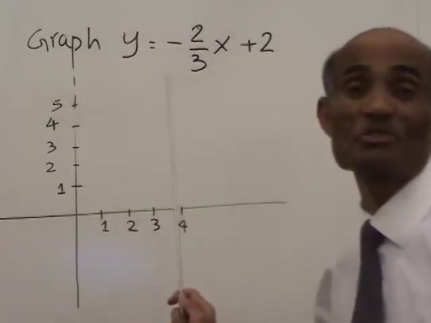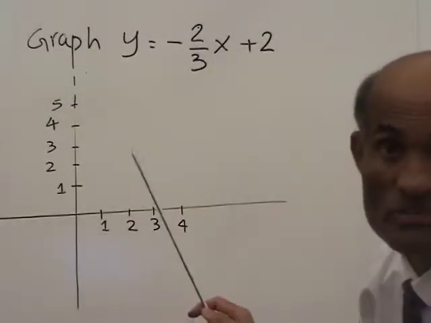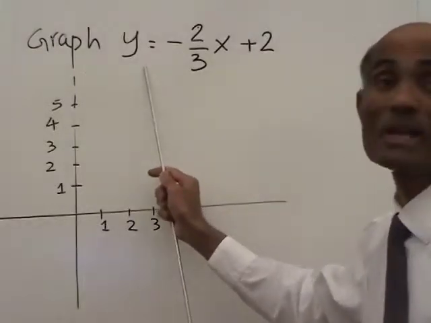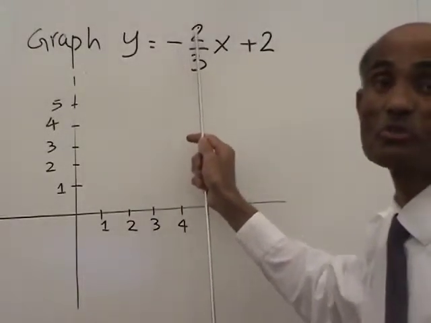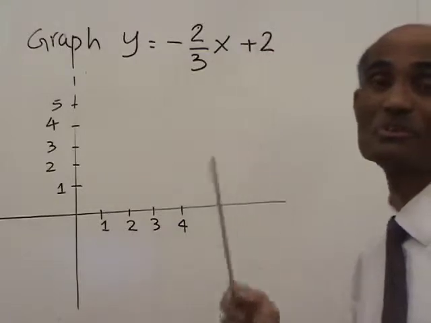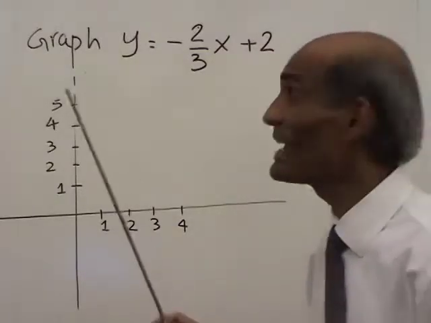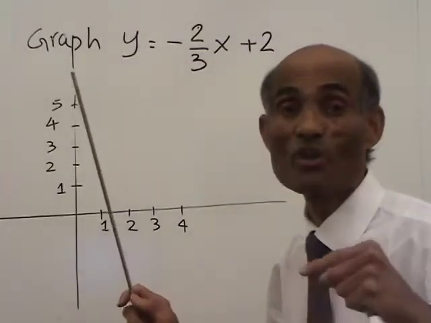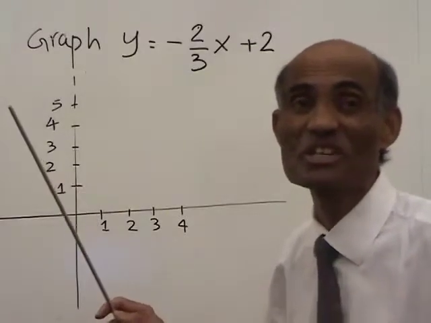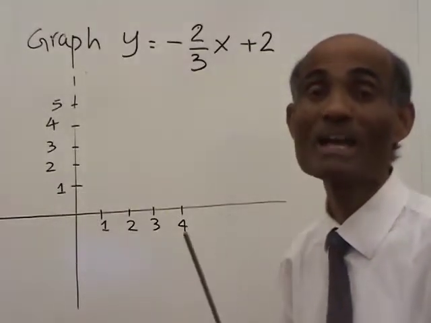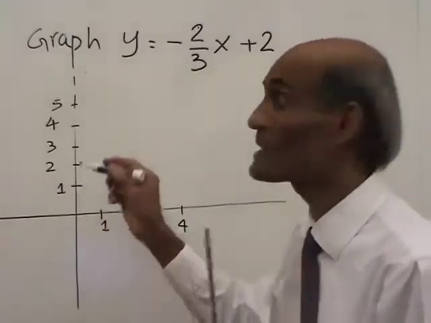Another equation to graph. Alright, read this equation carefully. Y equal to negative 2/3 x plus 2. Do you recognize that this equation is of the slope-intercept form, like y equal to mx plus b?